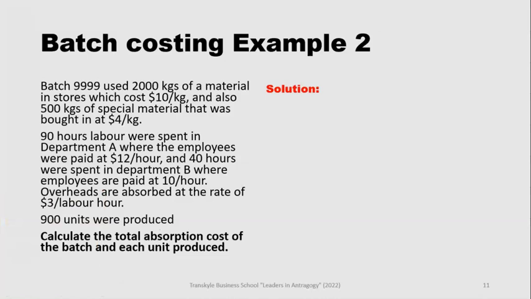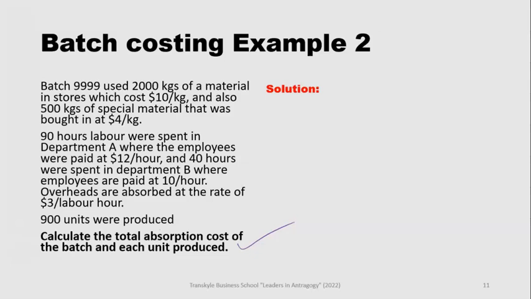So we are given this information, and we have to know the requirement. The requirement: calculate the total absorption cost of the batch and each unit produced.